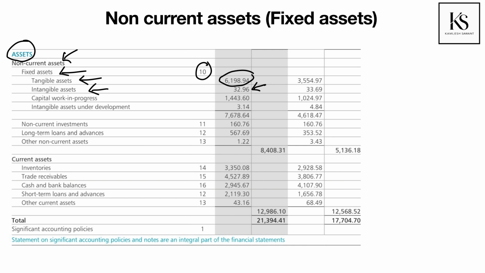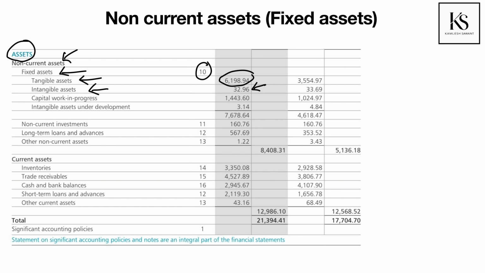Typical examples of fixed assets are land, plant and machinery, vehicles, building, etc. Intangible assets are also considered fixed assets because they benefit companies over a long period of time. If you see, all the line items within the fixed assets have a common note, number 10, which we will explore in greater detail shortly.